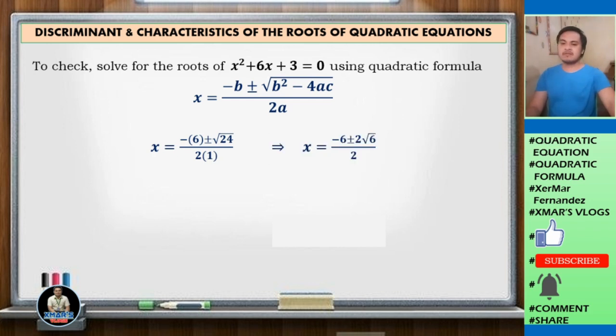The square root of 4 is 2. That is why we have x equals negative 6 plus or minus 2 square root of 6 all over 2.